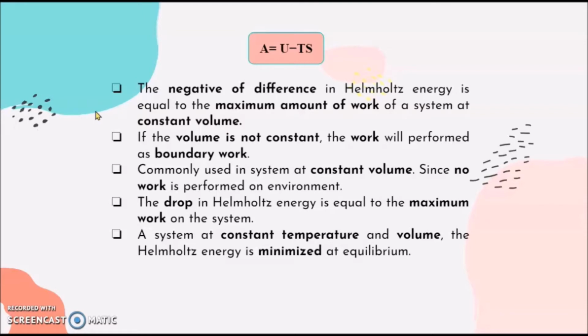If the volume is not constant, the work will perform as boundary work, but commonly used in a system at constant volume since there is no work performed. Therefore, the drop in Helmholtz energy is equal to the maximum work on the system. For a system at constant temperature and volume, the Helmholtz energy is minimized at equilibrium.